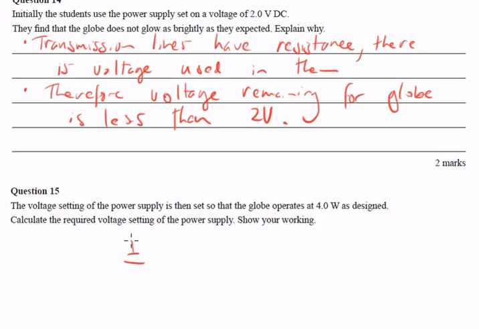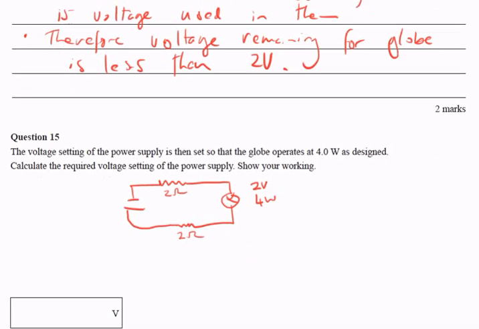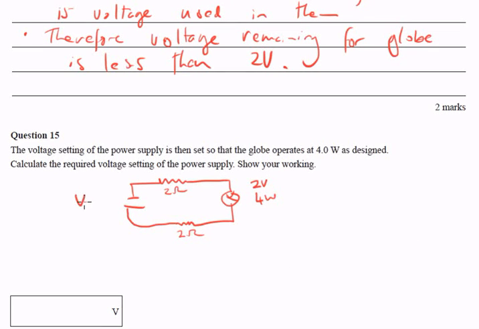So the circuit diagram is there's a power supply, there's one of the lines, there's my bulb, and there's the other line. Now we've got 2 ohms, 2 ohms, and this wants 2 volts, and it also wants 4 watts.